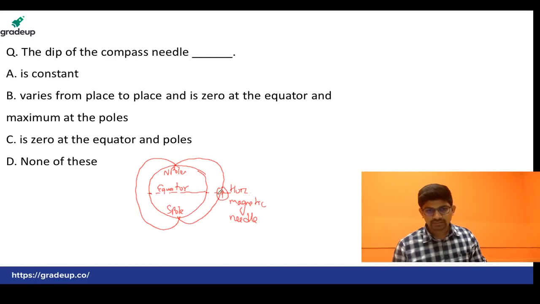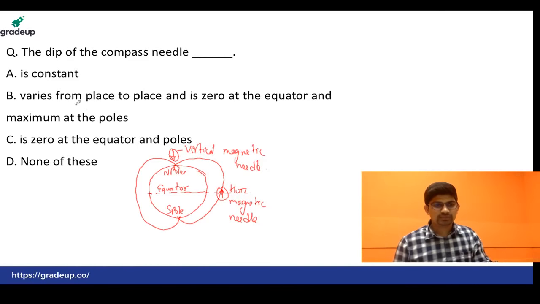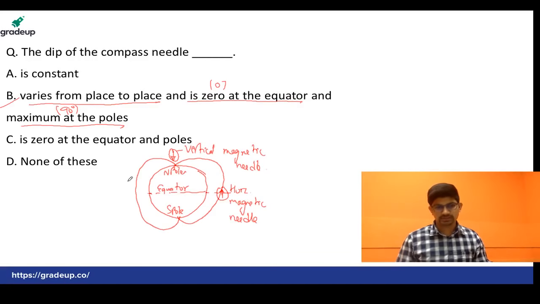That's why at the equator the magnetic needle will be horizontal, parallel to the direction of the magnetic field, which is parallel to the earth surface, while at poles it will be like this, a vertical magnetic needle. So it varies from place to place as we go from equator to pole and pole to equator, and is 0 at the equator and maximum at poles, that is 90 degree. So B is the correct option to this question.